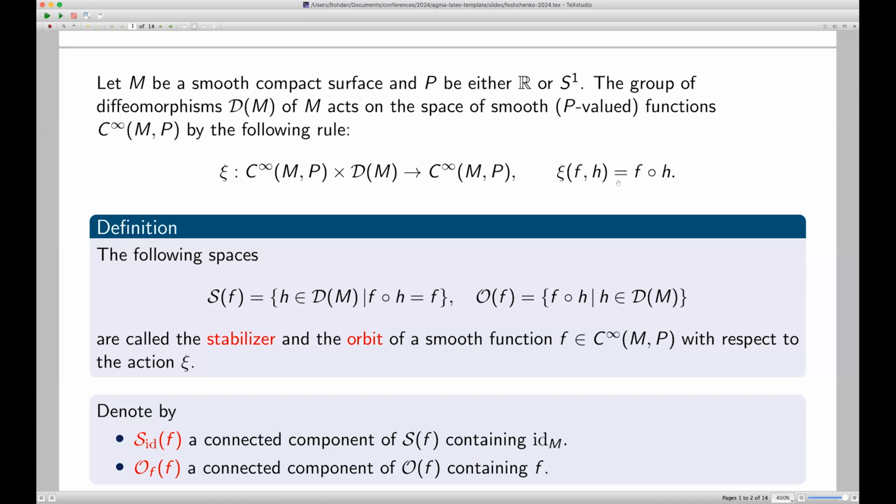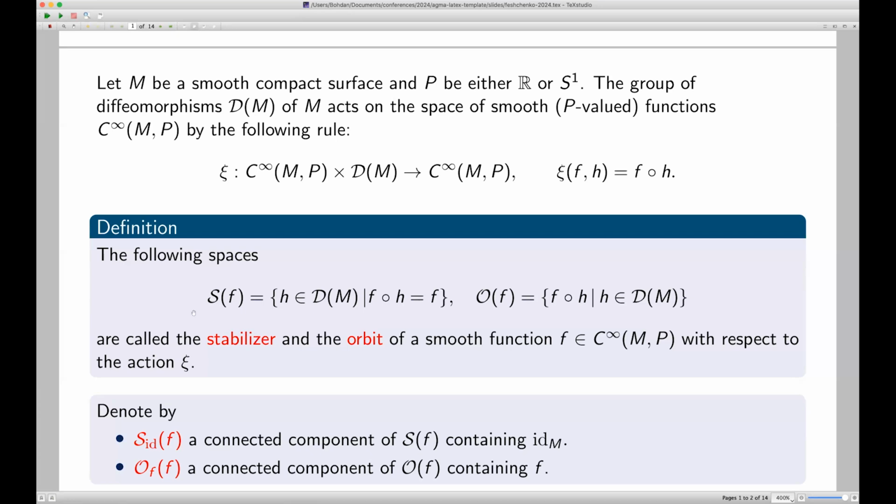For a smooth function f, we denote by S(f) the stabilizer and O(f) the orbit of this function f.